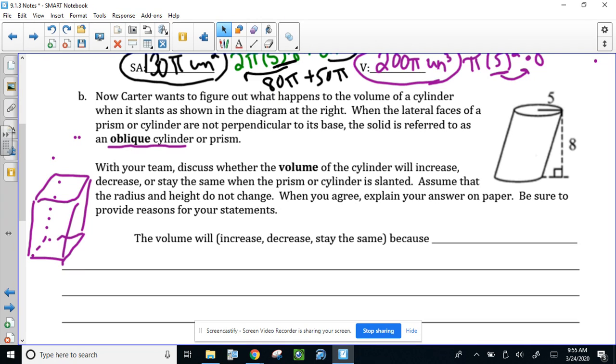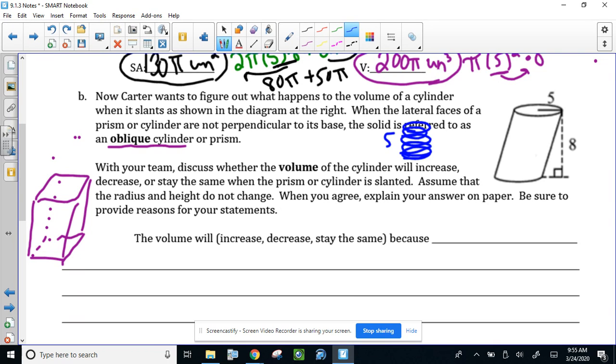What I would urge you to think about is a stack of pennies. In this case, because we're dealing with circles, if I had a bunch of pennies stacked up straight up, let's say here we have 1, 2, 3, 4, 5 pennies stacked up.